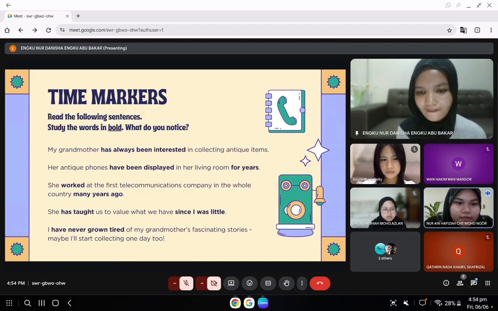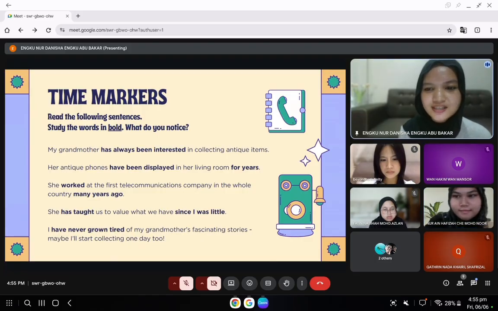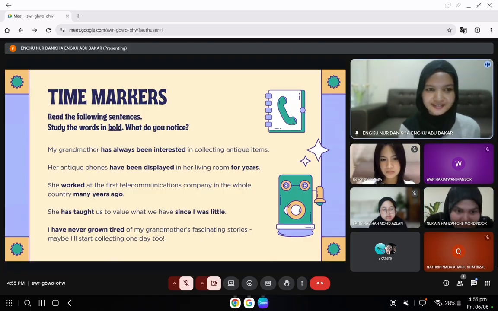Second, her antique phones have been displayed in her living room for years. The bold words are have been displayed and for years. Okay. So those are present perfect sentences, right? Yes. Okay, so I will be reading the next sentence.